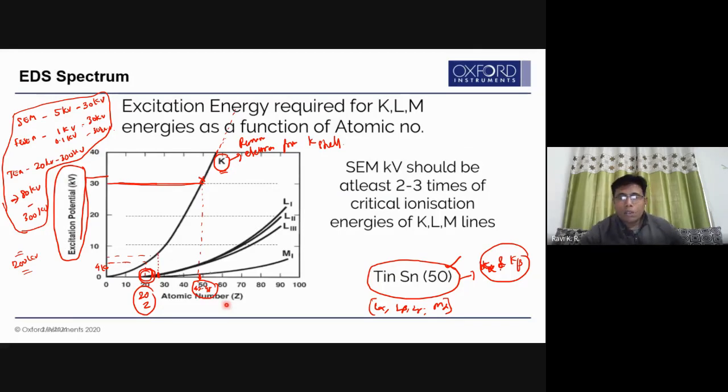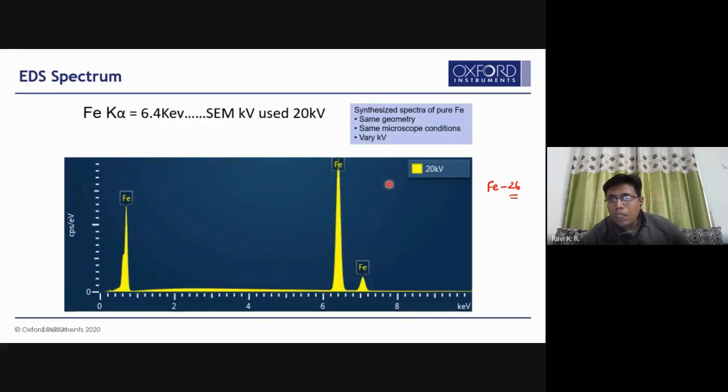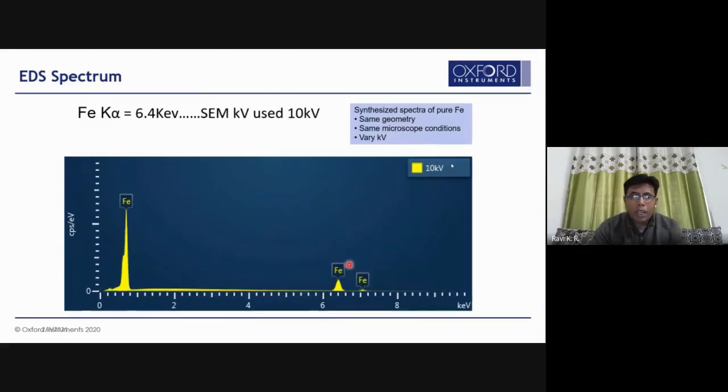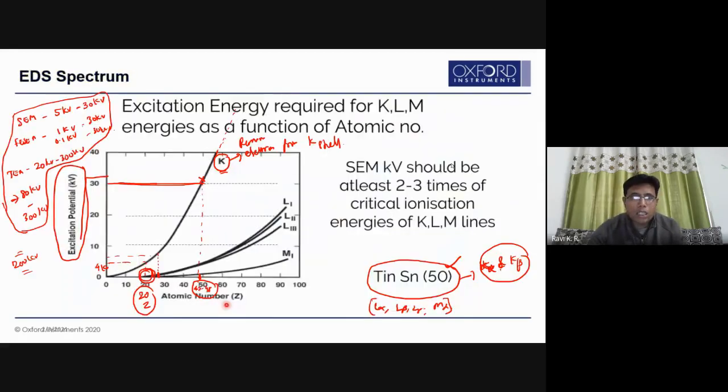Now what we are doing here is we are using 20 kV. This is the critical value, maybe we'll say it is around 8 kV.